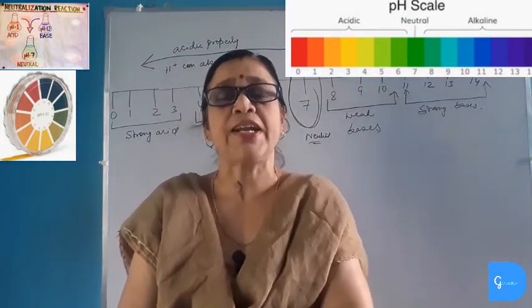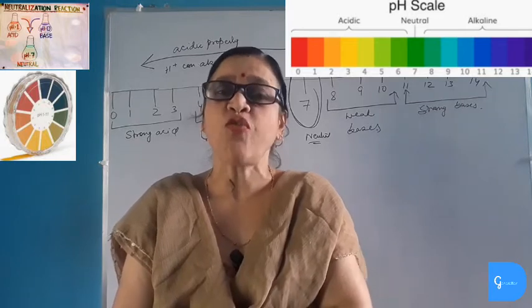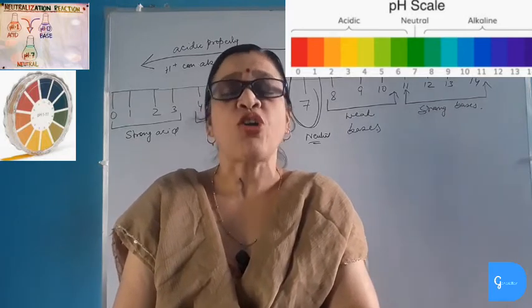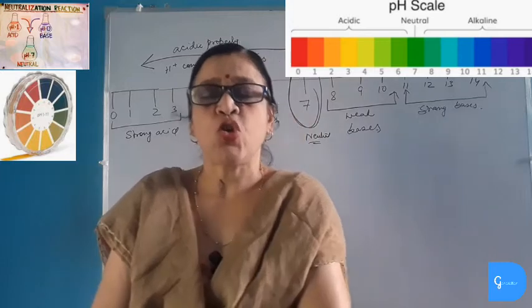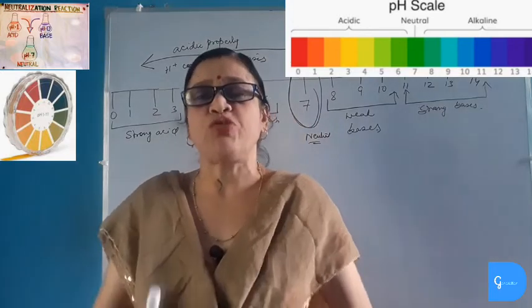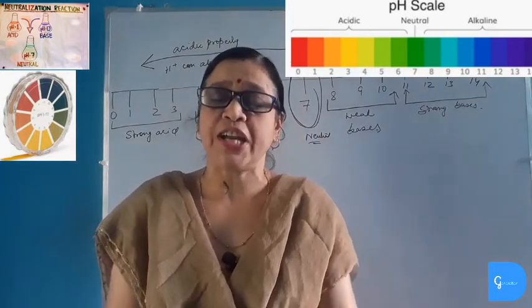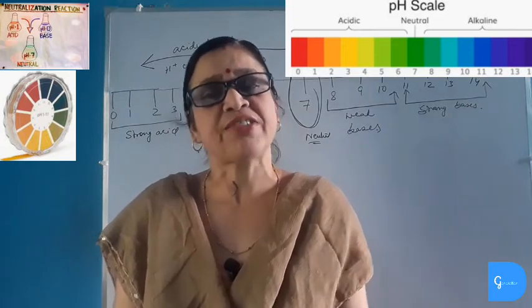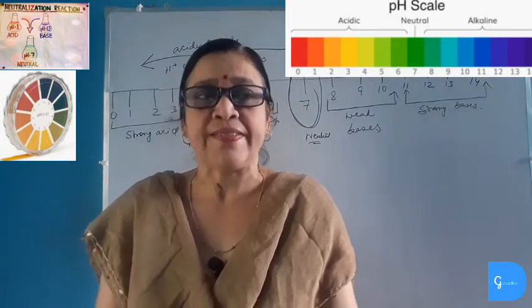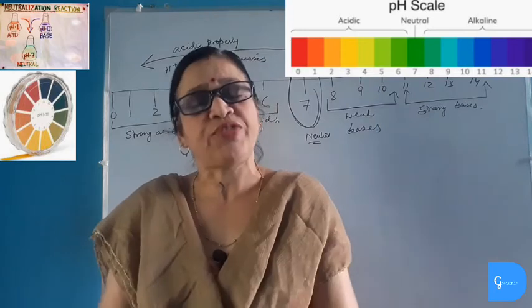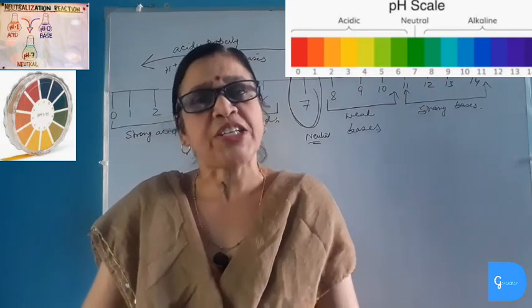Universal indicator, like litmus paper, is also available in two forms, either in paper form or in solution. So if we put a drop of the solution to be tested on universal indicator paper, then immediately it changes the color of the universal indicator, and then we can find the pH value of that solution by matching it with the pH color chart.